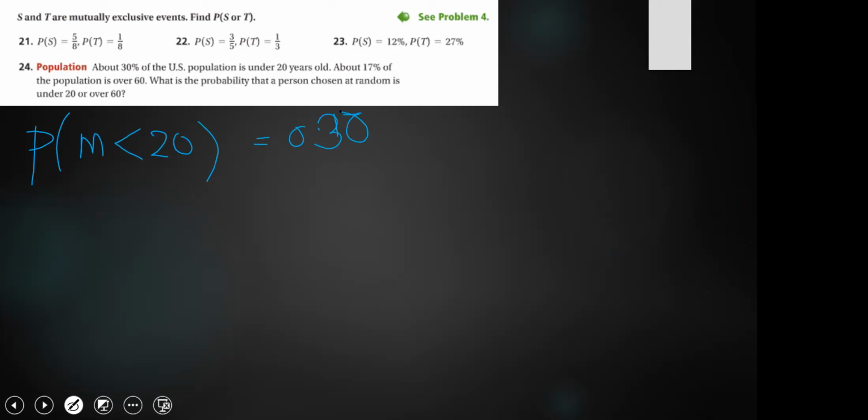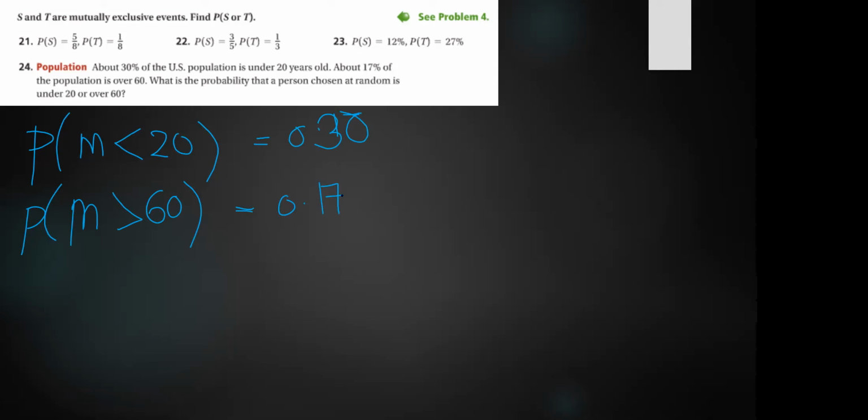And about 17% of the population is greater than 60. Now, so I wrote what I have. What is the probability that a person chosen at random is under 20 or greater than 60?